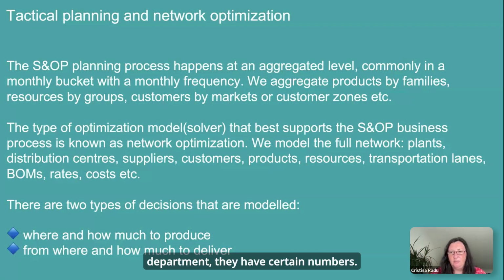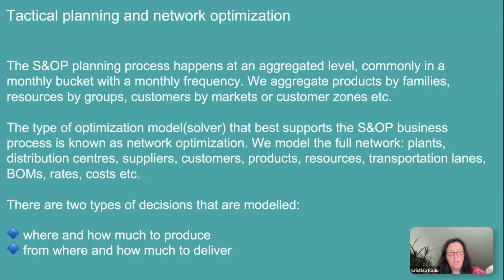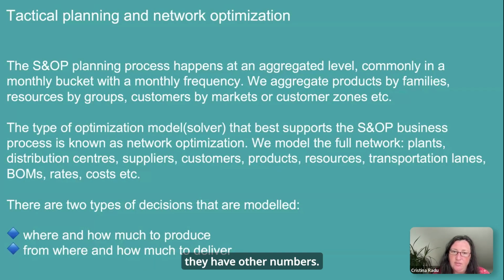In the financial department, they have certain numbers. In the plant, they have certain numbers. In demand planning, they have other numbers. So getting everybody together to sit at the same table and agree on the costs that they use to make these long-term financial decisions is quite challenging and time-consuming.